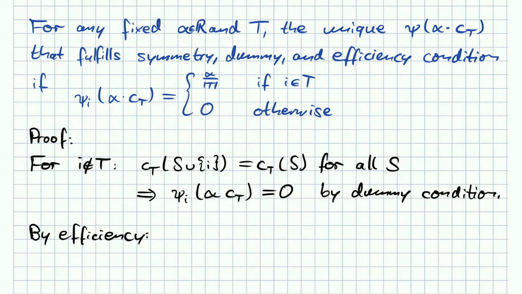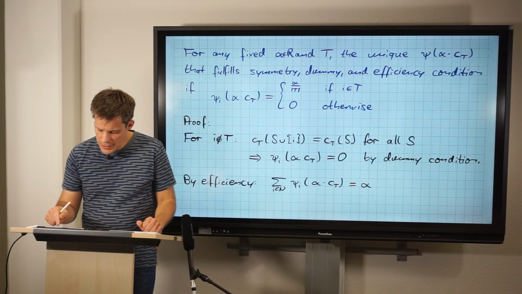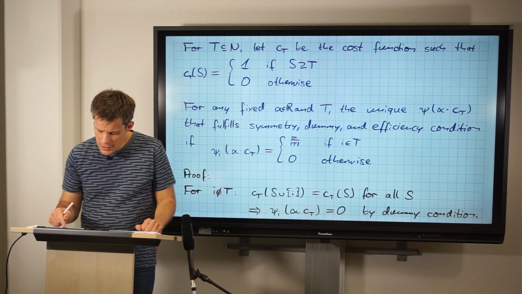We will have to have that the sum of all agents' cost shares will have to sum up to alpha, because what's the cost of all agents together?